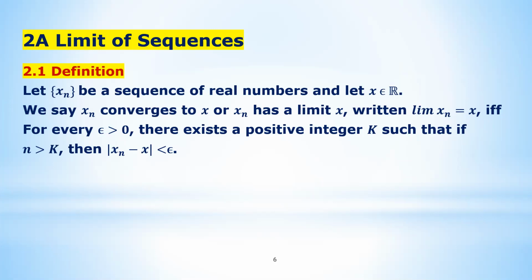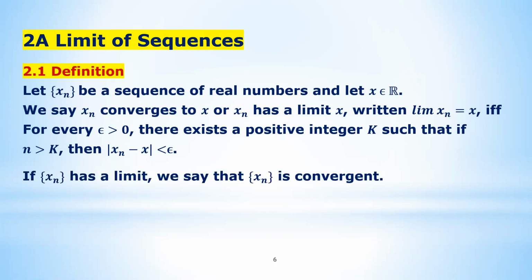If this is satisfied for every epsilon, then we say the limit of x_n is x. Mathematically, that's the only way you can define the limit.